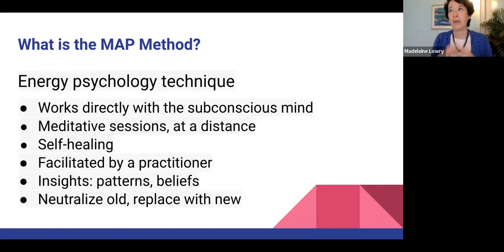So the method of neural retraining that I use is the MAP method, M-A-P. It is the latest energy psychology technique. You may have heard of other energy psychology techniques like EMDR or EFT or tapping technique, right?